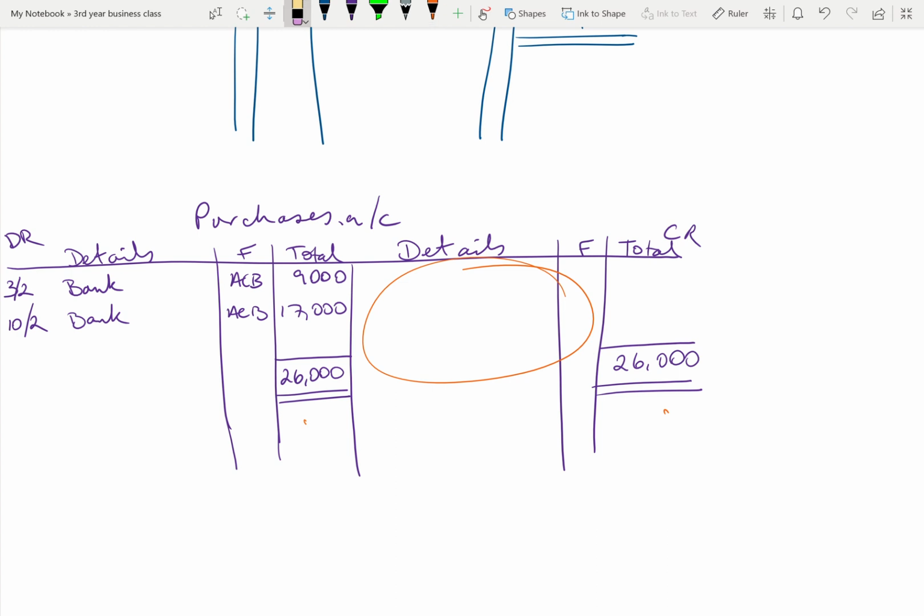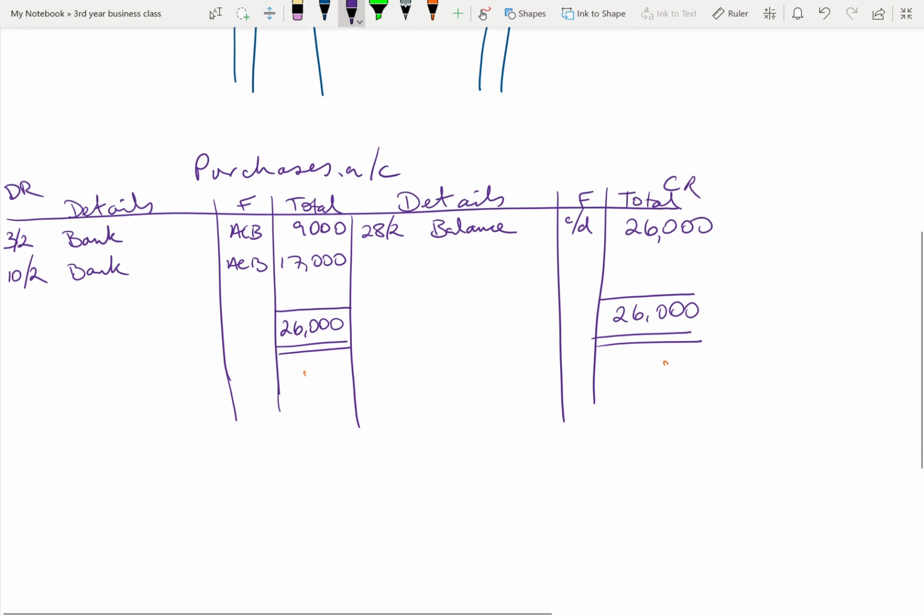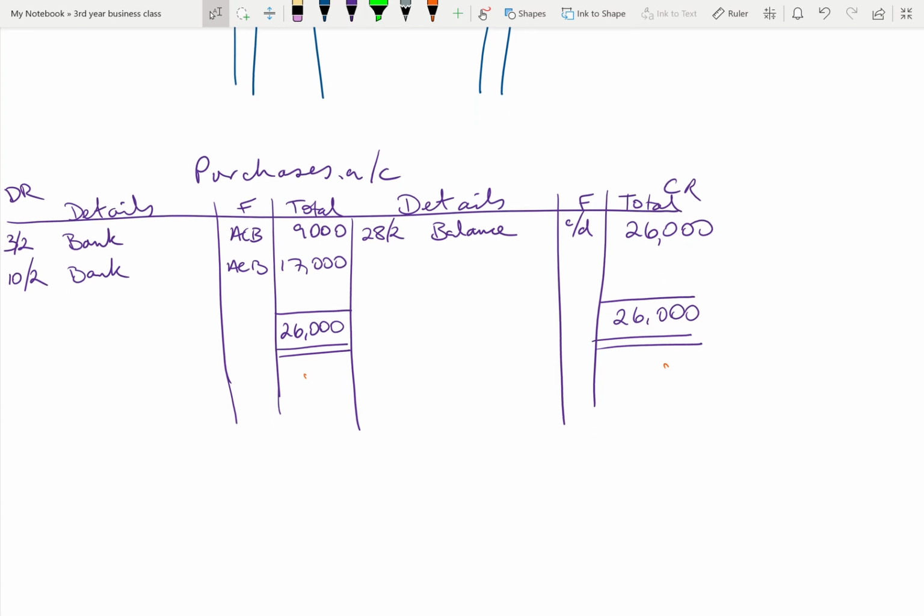So I'm going to write in my balance figure. The balance is generally done at the end of the month, so the 28th of February, and we're going to call that balance. It's the balance to be carried down, and it's going to be 26,000. Now remember this rule: when we balance the account, whatever is above the line, when we get below the double line, it goes to the other side.